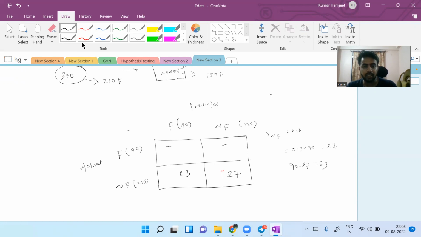It's simply plus minus. Since your total predicted fraud is 180, this would be 180 minus 63, which is 117. Similarly, this one is 120 minus 27, simply 93.